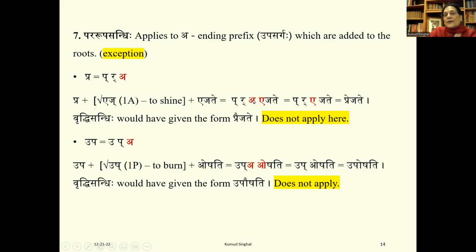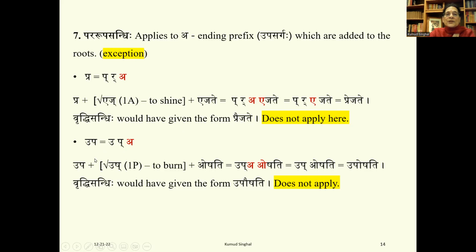So actually, in general, a Vriddhi Sandhi should apply here, right? And a plus a becomes ai. So it should be praijate, right? Instead, Vriddhi Sandhi does not apply here, and a plus a remains a. So instead of praijate, it is prajate. So this is an exception.